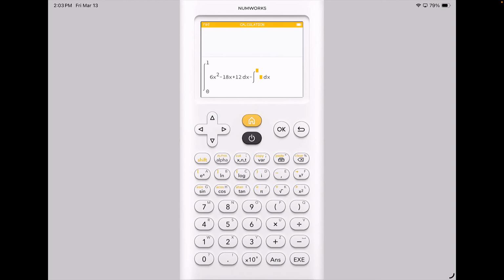How does yours not work? Mine worked just fine. What did you do? You don't need to put parentheses. X plus 12. So if you actually do that and hit enter, you should get 6.